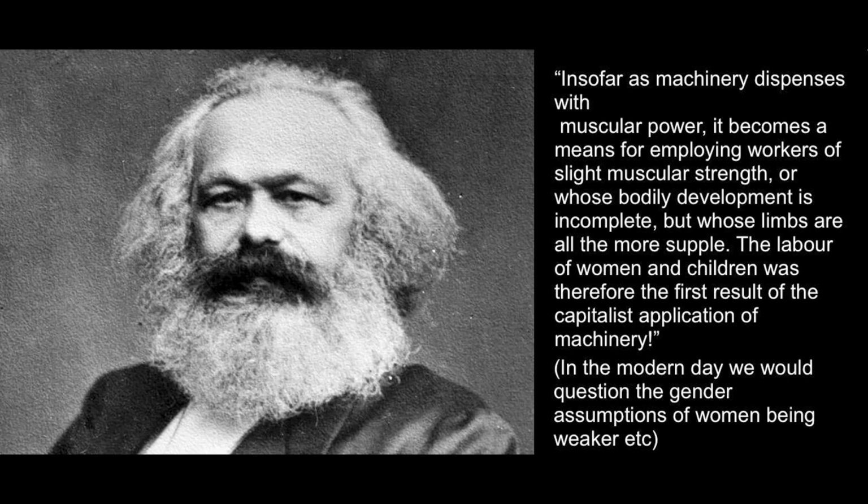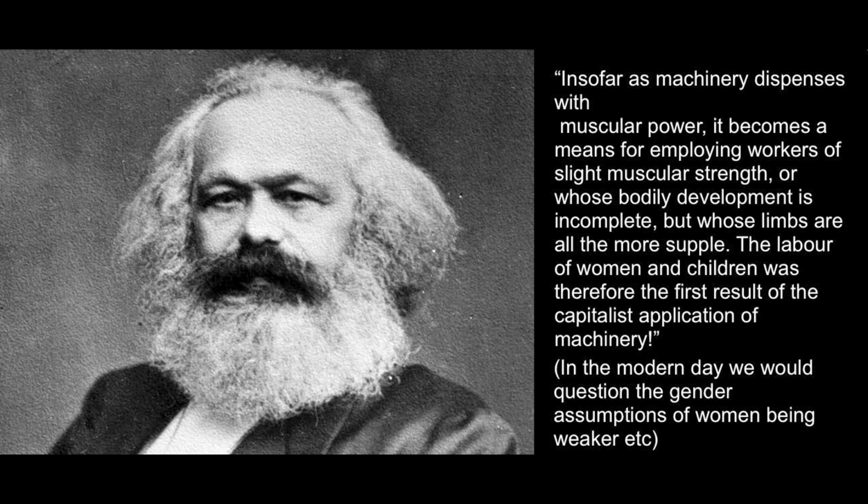And Marx points out that this is not at all the purpose of the development of machinery under capitalism. Marx writes of the most immediate effects of machine production on the worker: "Insofar as machinery dispenses with muscular power, it becomes a means for employing workers of slight muscular strength, or whose bodily development is incomplete, but whose limbs are all the more supple. The labour of women and children was therefore the first result of the capitalist application of machinery."